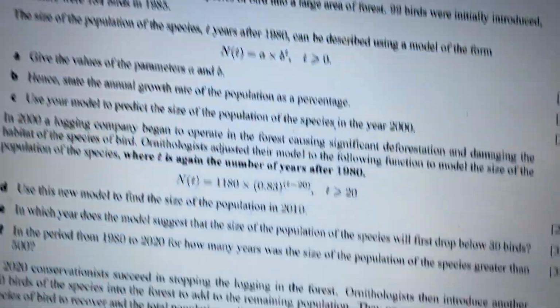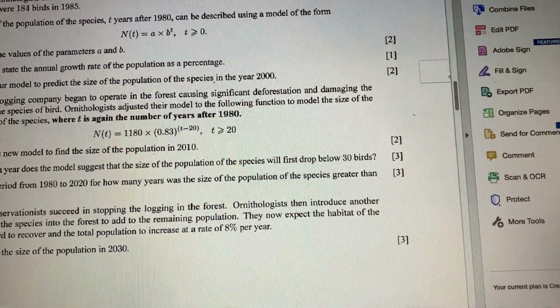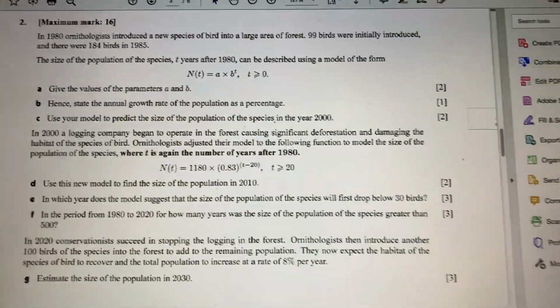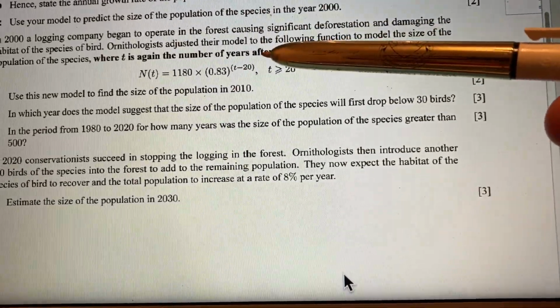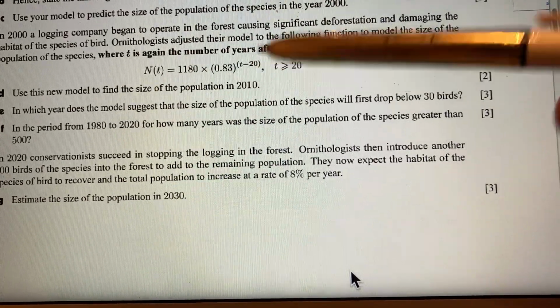Okay, what have we got for part E? In which year does the model suggest the size of the population will first drop below 30? So I'm going to set this equation equal to 30, and then I can use the nsolve function on my calculator.